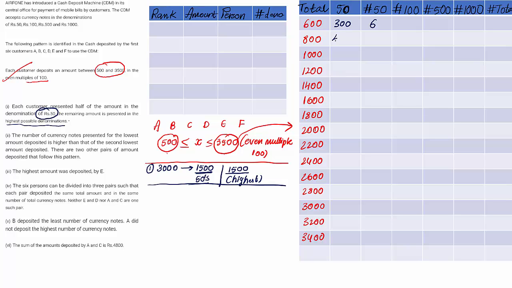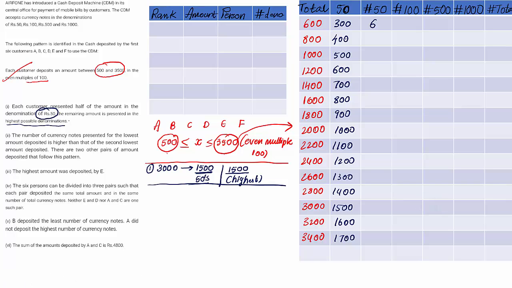Similarly, I would go on with other values also, because 800 by 2 is 400. This is 500, 600, 700, 800, 900, 1000, 1100, 1200, 1300, 1400, 1500, 1600, and 1700.